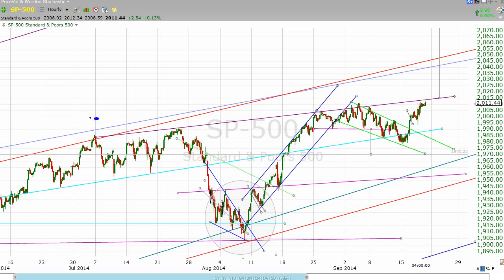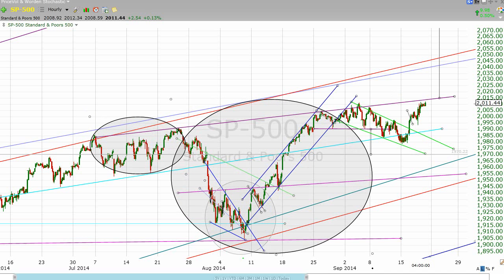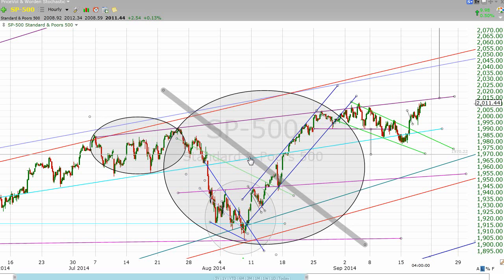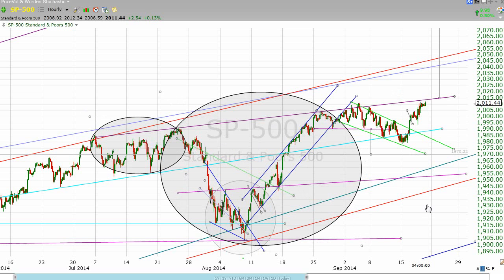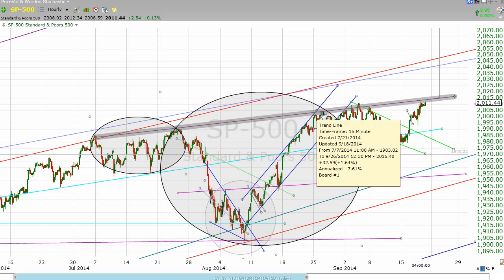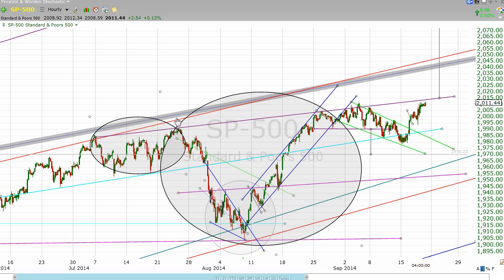Well, we've got a left shoulder that formed right here. We have a head that is a little fuzzy on the right side. It's hard for me to say for sure whether we should call this the head, the end of the formation of the head.